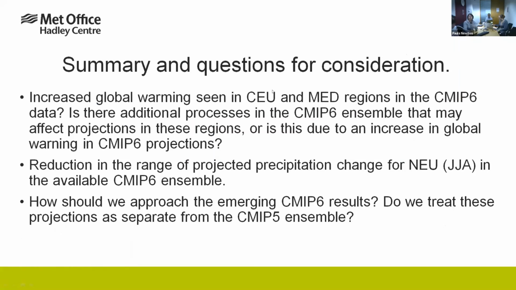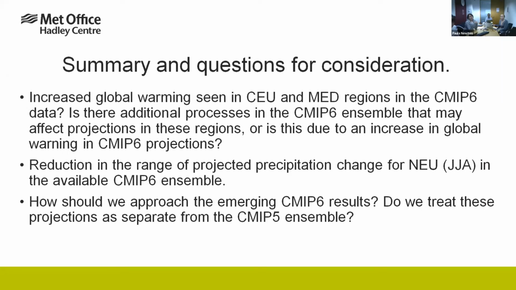Looking at these results, the questions that come to mind for consideration are: is the increase in surface temperature that we see in Central Europe and the Mediterranean due to the CMIP6 ensemble just projecting higher global warming, or is it something particular to the CMIP6 ensemble that's affected these regions?